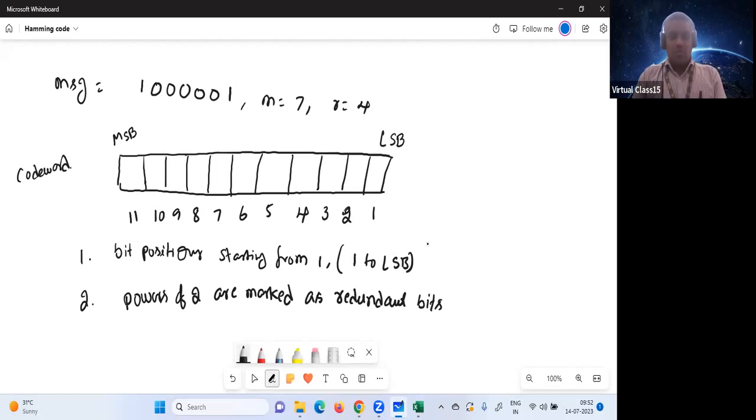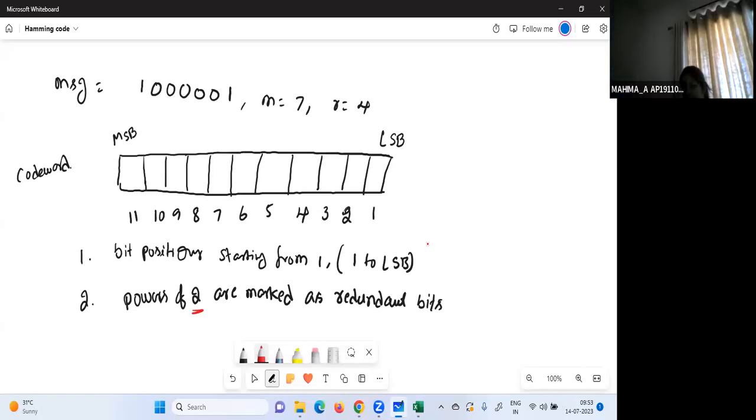We have already given the numbers for the bit positions starting from 1. You can see the powers of 2 positions. Can you tell me now?